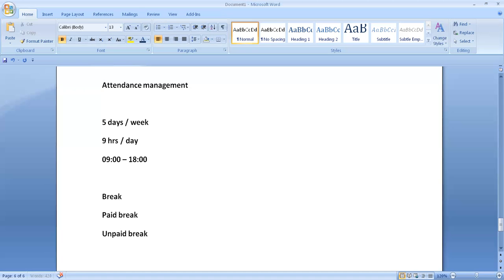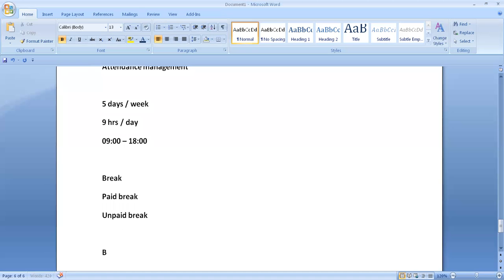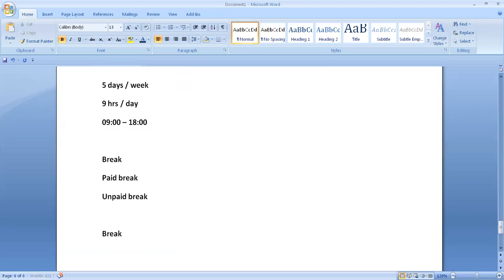So whether paid break or unpaid break, any break, you can divide it into four types of breaks. What are those four types of breaks?